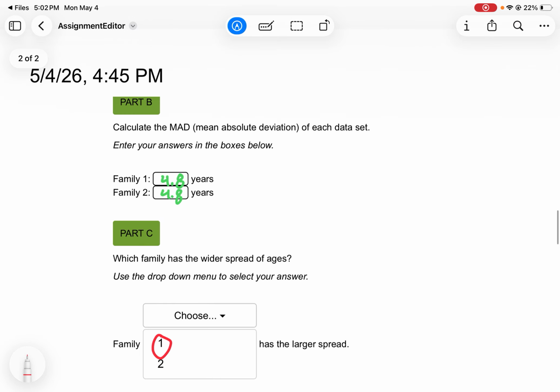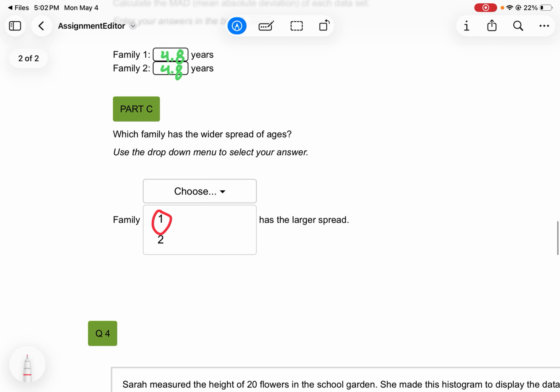Now, generally, we would go with which one has the larger MAD. And so, whichever has the higher number here is the one you want to pick here.